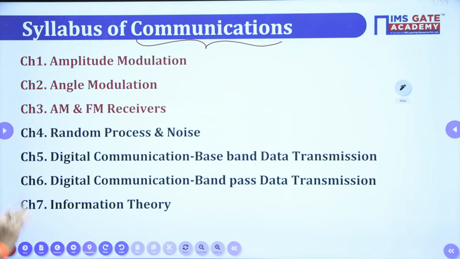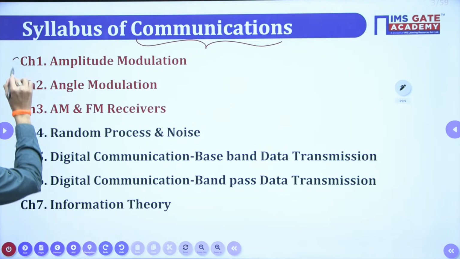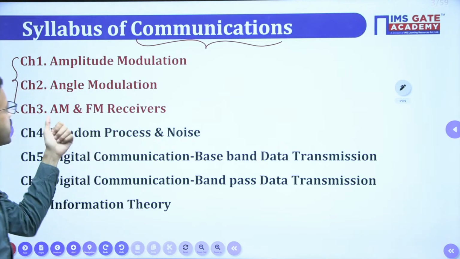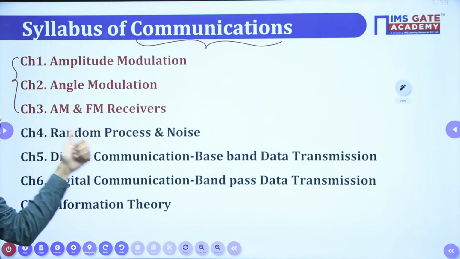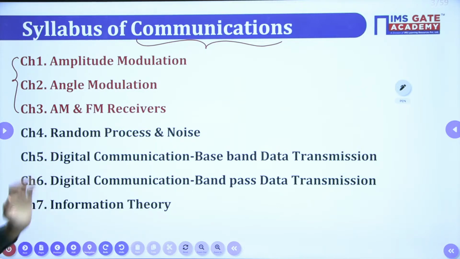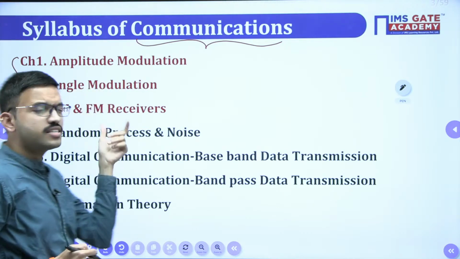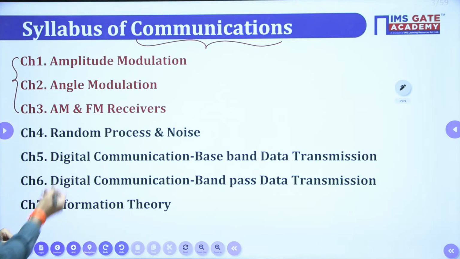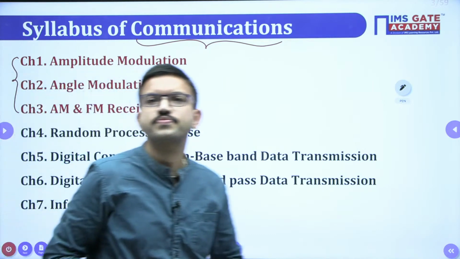In this session, we will focus on the first 3 chapters: amplitude modulation, angle modulation, and AM and FM receivers. We will discuss the questions related to these 3 chapters. In tomorrow's session, we will discuss the questions related to the remaining 4 chapters.